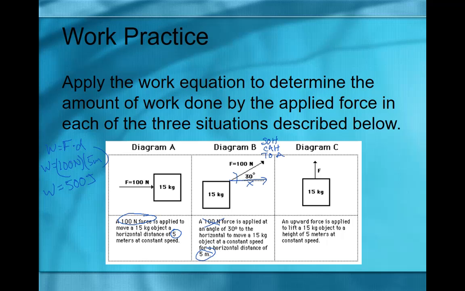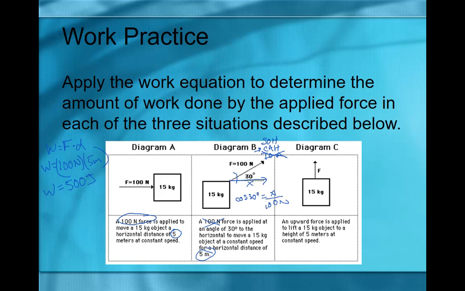we have the hypotenuse, so we're not going to use tangent. And we're looking at the adjacent, not the opposite portion. So adjacent is going to be our cosine. So we're going to use cosine of 30 degrees is equal to adjacent, we'll call that x that we've labeled here, over hypotenuse, which is 100 newtons.